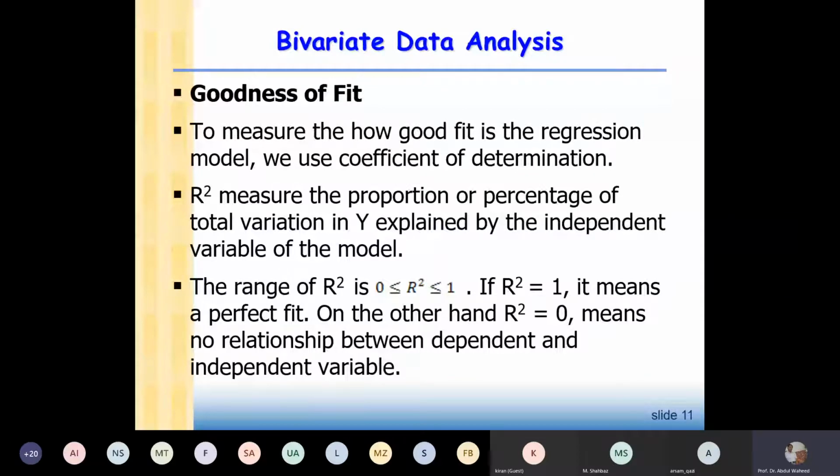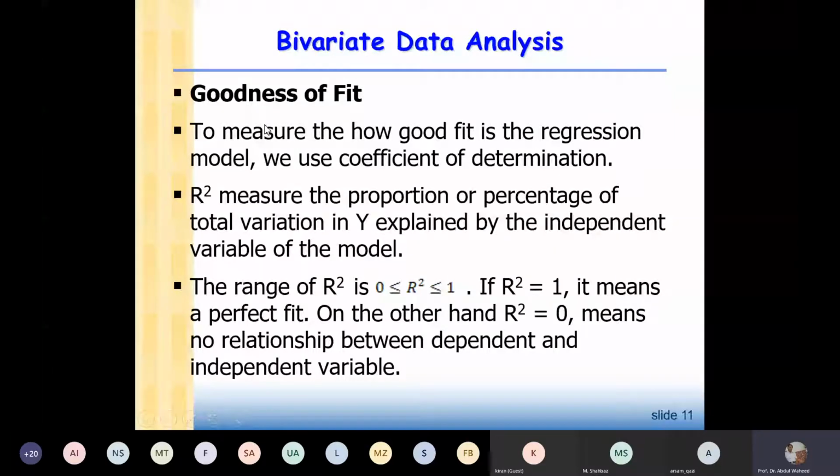If the R square is 0.8, this means 80% variation in y is explained by variable x. So we have to reach a good fit model. Okay.